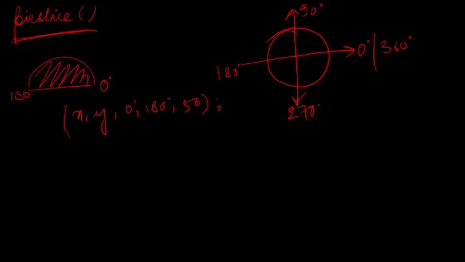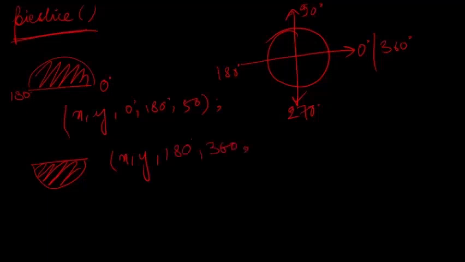Now if you want to draw some figure like this, you need to provide the x and y coordinate, but instead of writing 180 to 0 degree, we will be writing 180 to 360 degree and radius keeping 50 or whatsoever. So the main thing is that the degree moves anti-clockwise, so always keep in mind that instead of writing 0 degree here, we need to write 360.